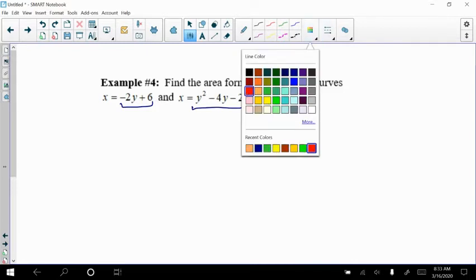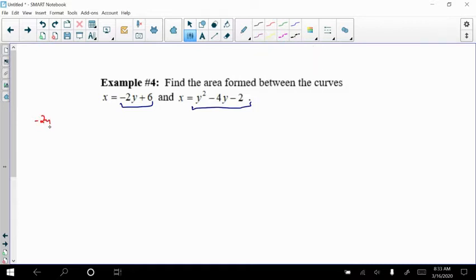Okay, so I want to know, when does -2y plus 6 equal y squared minus 4y minus 2? So set it equal to 0. Add the 2y over, so it's minus 2y. Subtract the 6, minus 8. Hopefully it factors.